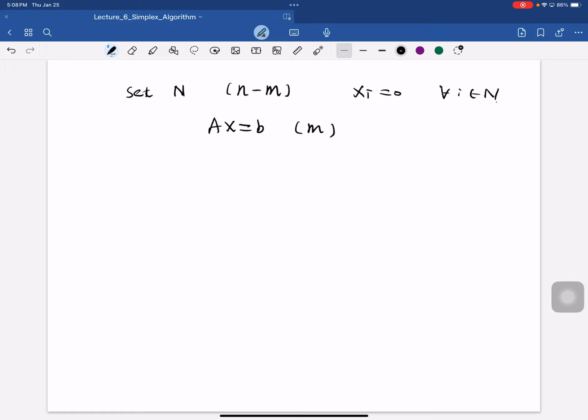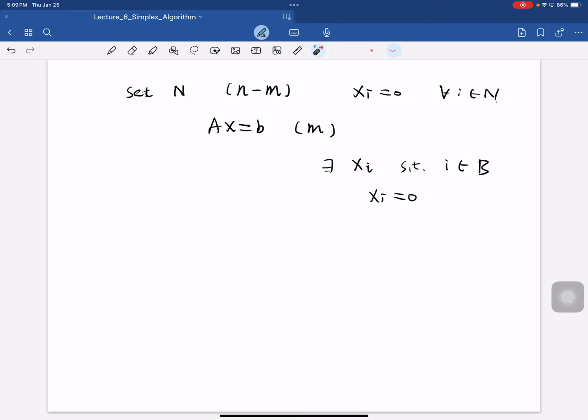But if there exists xi such that i is in the basic variables, but xi is also 0, okay? Then you have more than n constraints that are active here. That is the case, because initially you pick all those in N to be 0, but if some of the variables that are not in N still equal 0, then in total you have more than n active constraints, because you add them up.